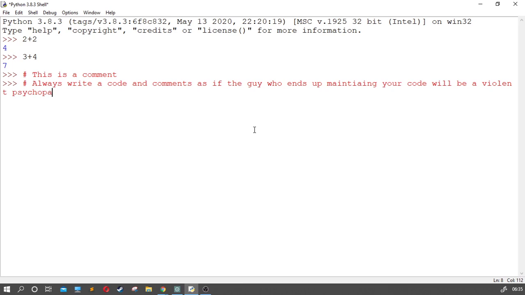Oh, sounds scary, right? Well, who knows where you live? Yeah, that can be scary. It's a motivation to write beautiful code and comments. Always use comments when writing code.